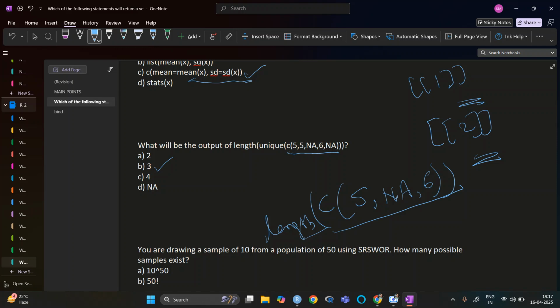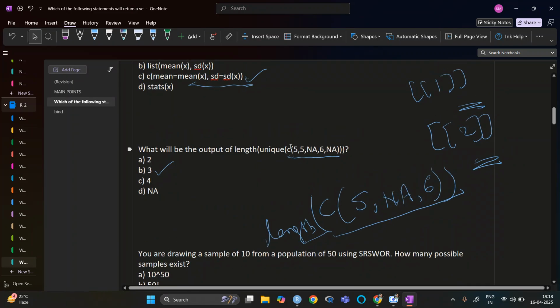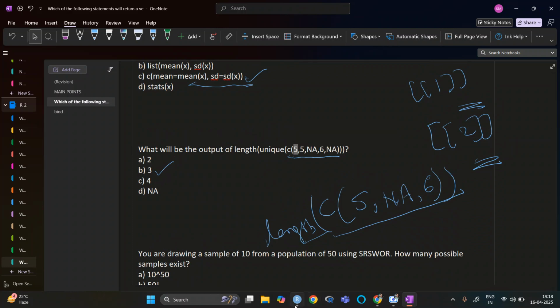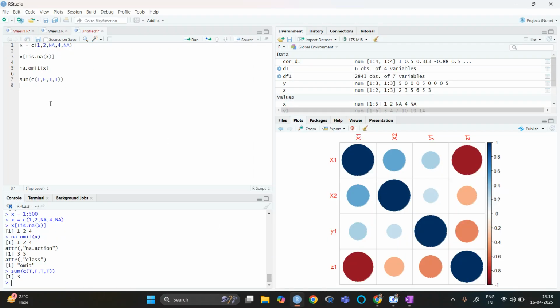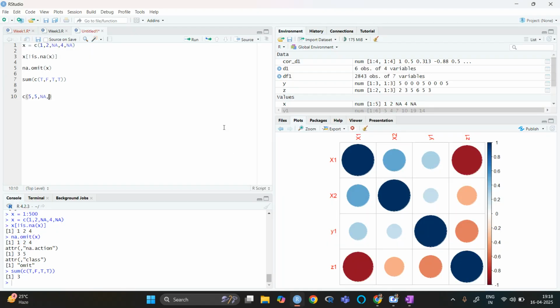So what was it giving, ma'am? Please repeat. I was trying this code in R, but it says the initial data is not there. You have a vector, let's say c(5, 5, NA, NA, 5, 6, 5, NA, 5, 6, NA).